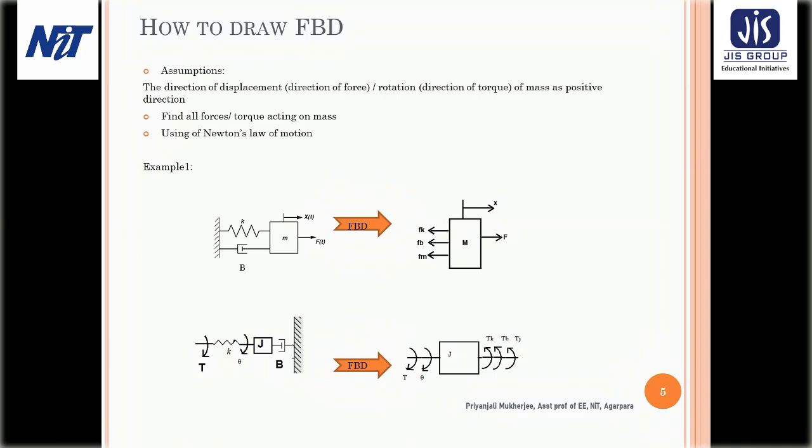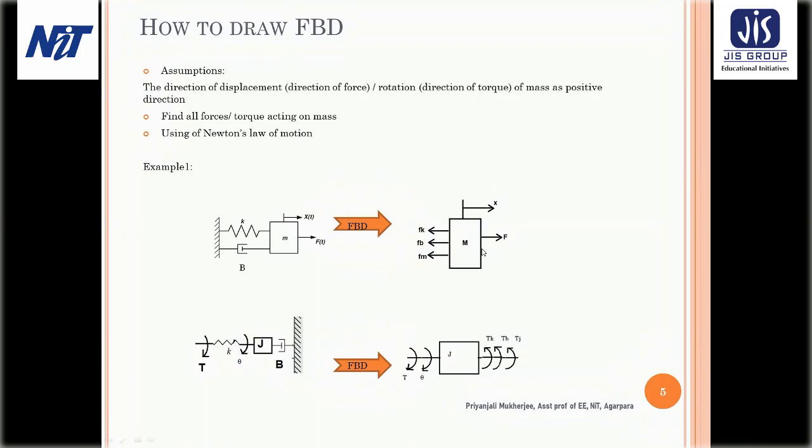So let us consider example 1. In example 1, a mass is connected with a spring and a dashpot, and the force is applied in the right hand side direction, and due to this force, the displacement occurs, that is x(t). Now we have to consider the free body diagram of mass m.